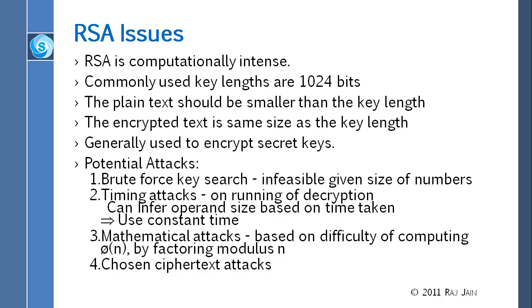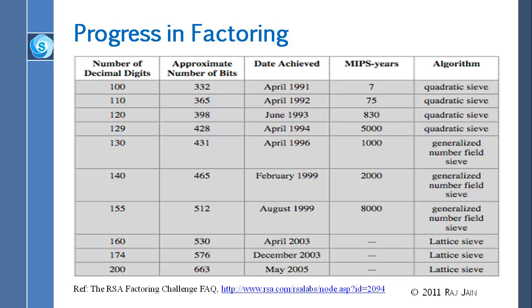And chosen ciphertext attacks can work, because this is simple exponentiation. If somebody can take the ciphertext and ask you to give the plain text back, that can be a problem. So over time, RSA has been running challenges.